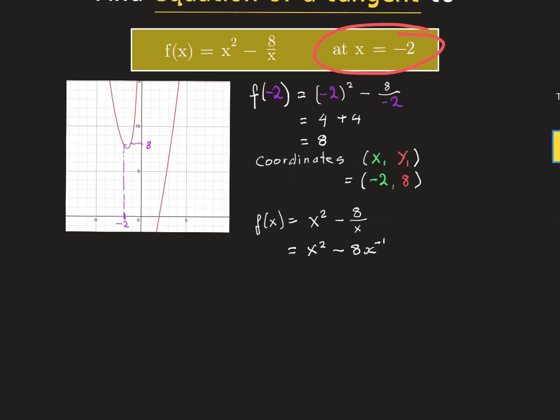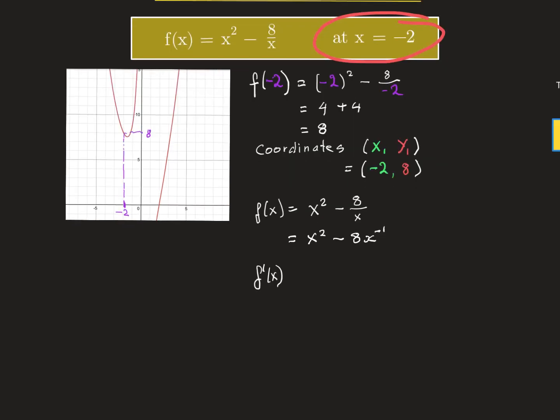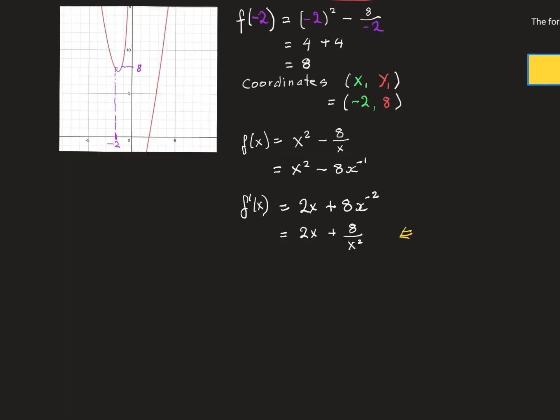Now in this form we can differentiate it. f dash now will be 2x minus -1, that makes it a plus 8x to the -2. And I'll just rewrite this as 8 over x squared. And so we just found the gradient function. We didn't find the gradient yet, we just found the gradient function.